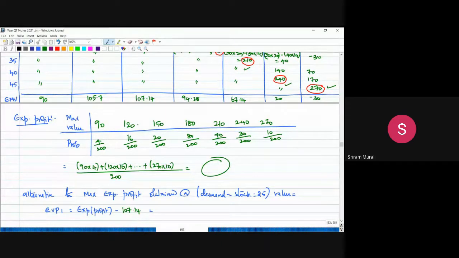So this answer should be taken here. That is your EVPI. And this value will be 107.14. When demand and stock are 25, the value is 107.14. That is a maximum expected monetary value.